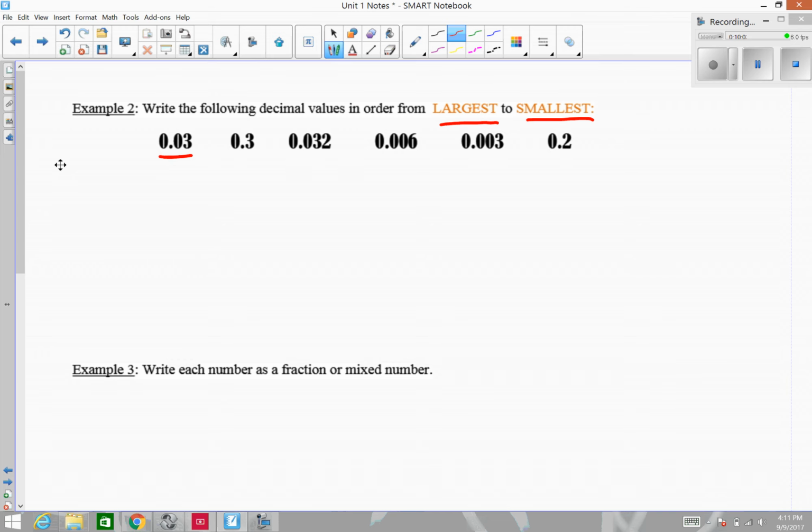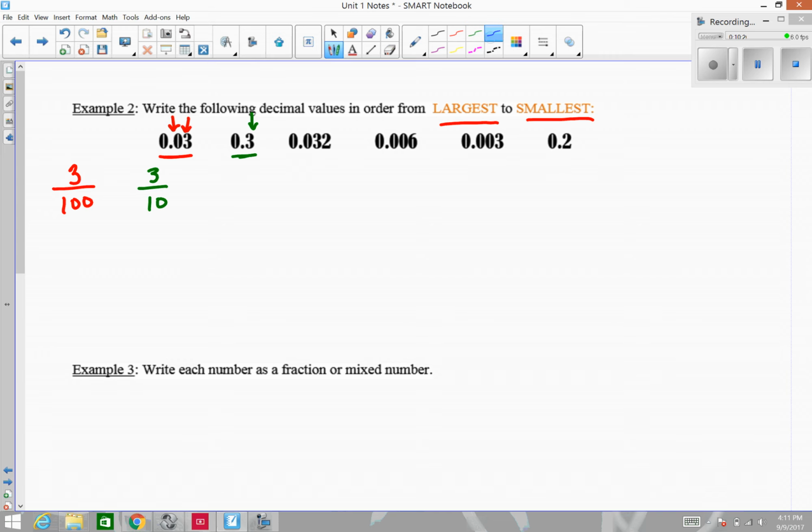That would be, let's see, this is the 10th place. 2 places is the 100th place, and I have 3, so that would be equal to 3 over 100. This next one has a 3 just in the 10th place, so this would be equivalent to 3 over 10.